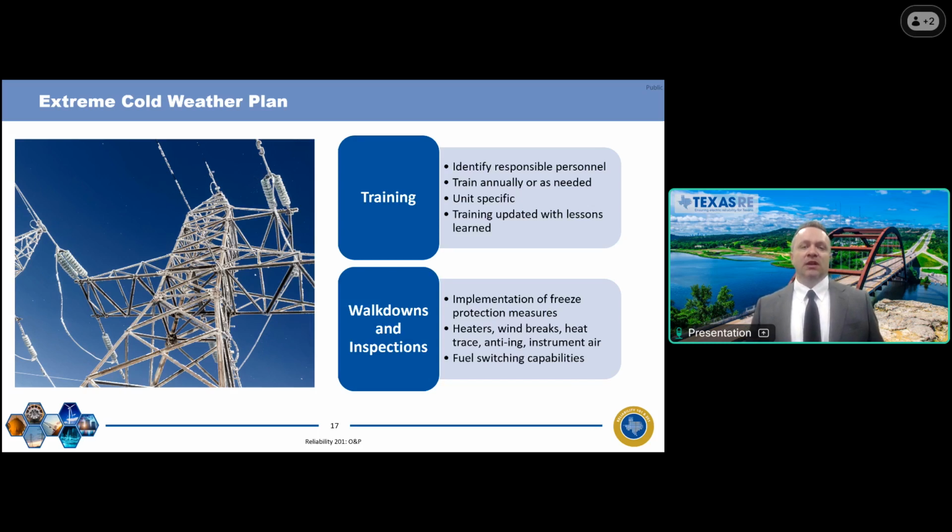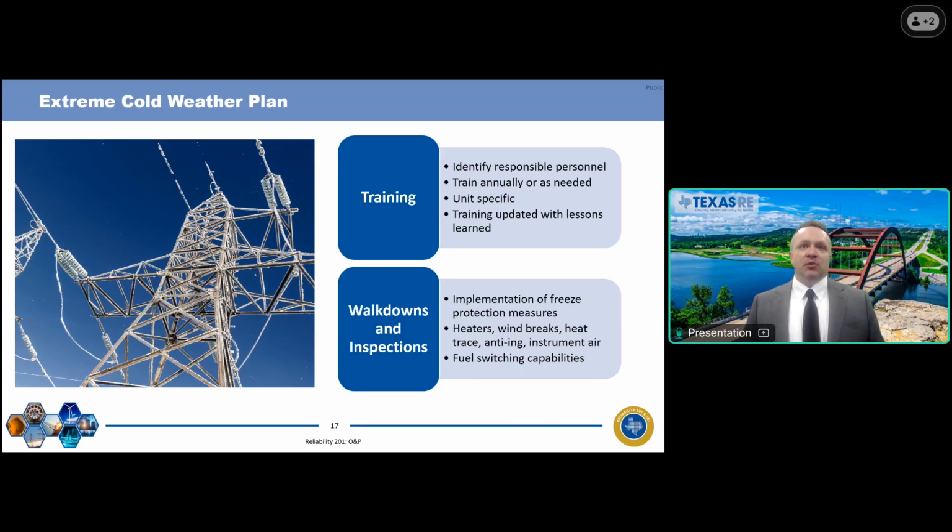One of the internal controls and feedback loops should include lessons learned. If you have an event and there are lessons learned from that event, as the Compliance Enforcement Authority, we are looking to ensure that those lessons learned are implemented back into your plan and into your training.